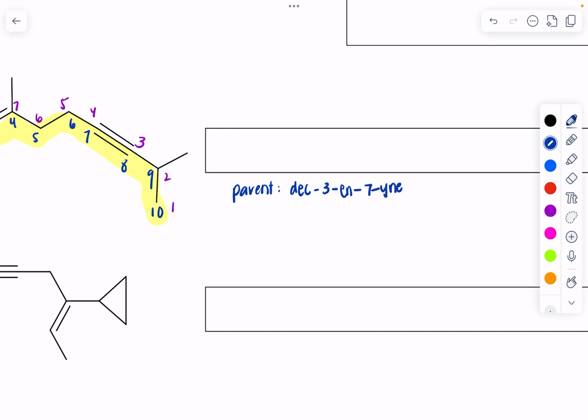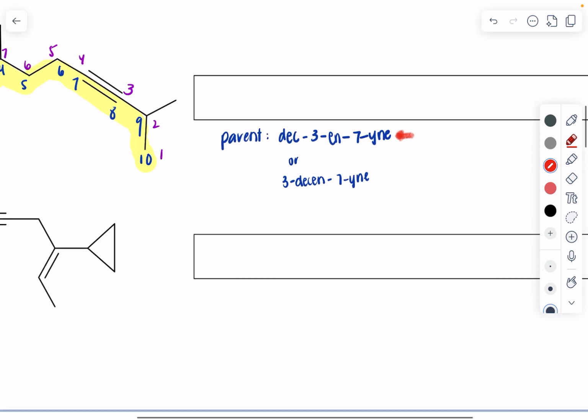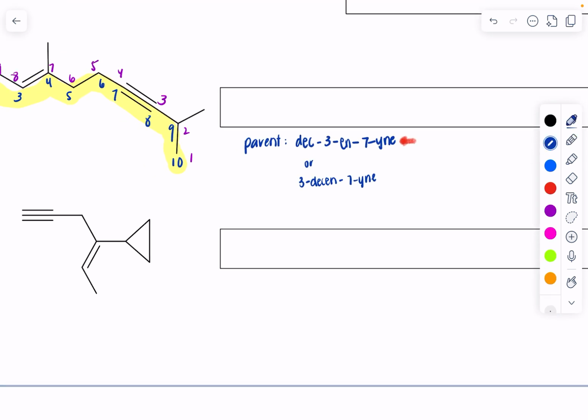So in this situation, you do have to write it within... Or you can write it as dec-3-en-7-yne, but this method I highly suggest you do, because I feel like the other method is too confusing. And then remember your stereo.